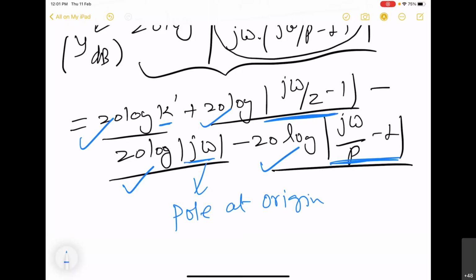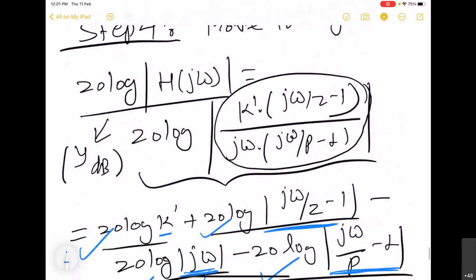Here you can see that when you take omega equal to 0, or s equal to 0, this term will blow out. But for this case, j omega should be equal to p. So this is called a pole at a certain finite value, and this is a pole at the origin.